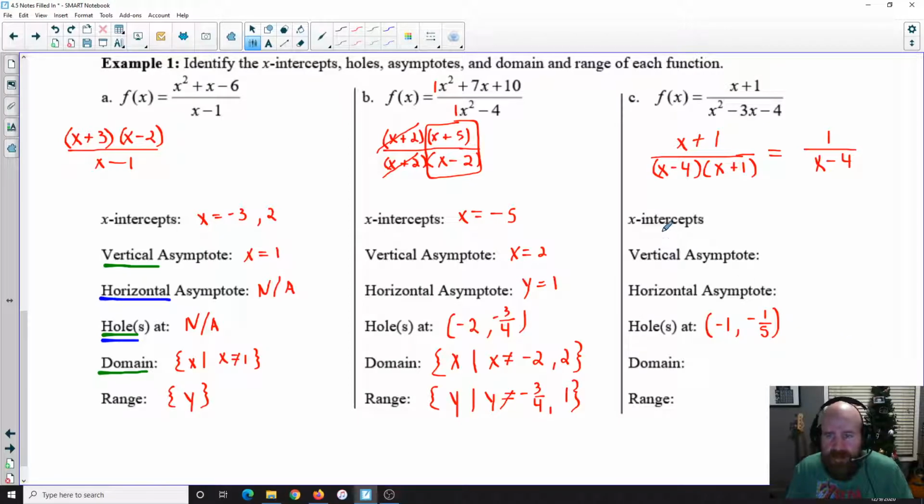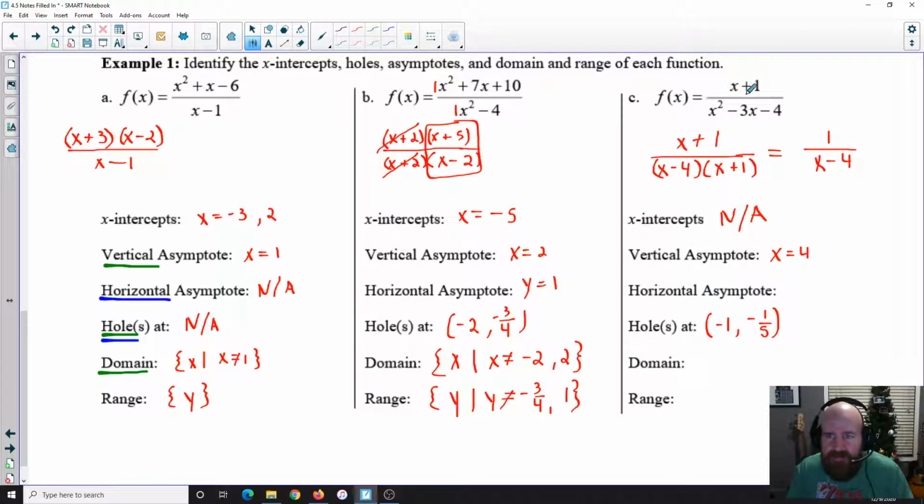Alright, now we can talk about x-intercepts, which anything remaining we set equal to 0 and solve for x. Well, there's no x on the top, so that would tell us that there is no x-intercepts. Alright. Vertical asymptote, we look at the bottom, so we have a vertical asymptote at x equals 4.